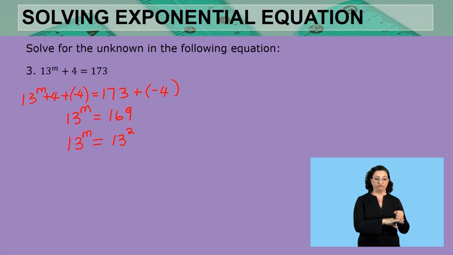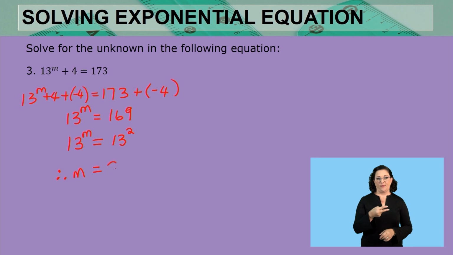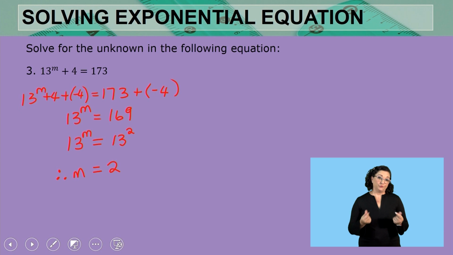Because the powers are equal to each other and they have the same base, that means that the exponents are equal, so therefore m is equal to 2. And that's how we solve for exponential equations.